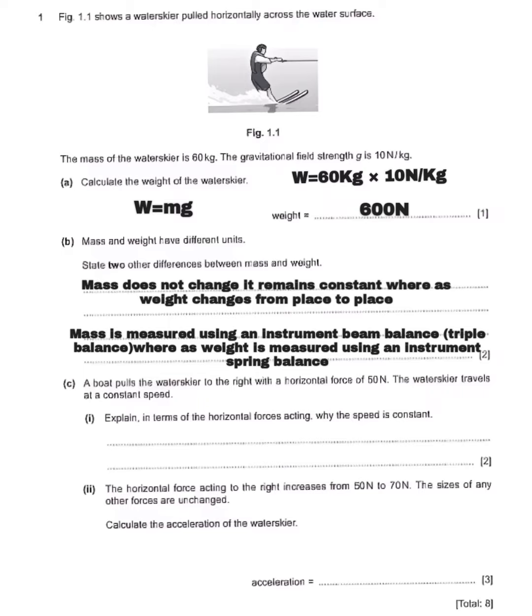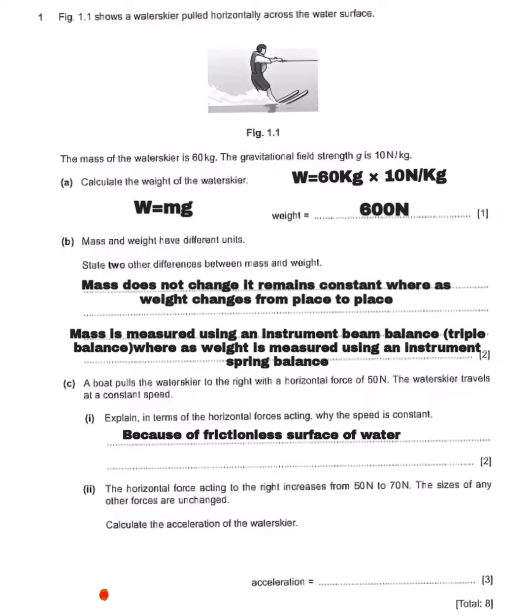Roman numeral 1 is saying explain in terms of the horizontal forces acting why the speed is constant. So I'm going to say because of the frictionless surface, a surface with no friction.